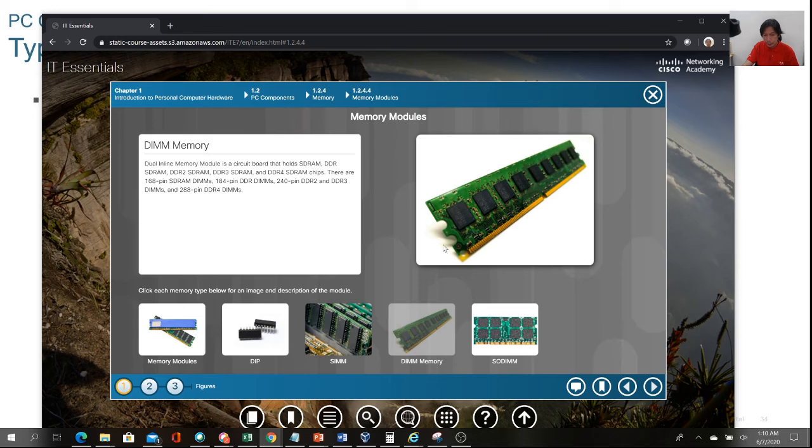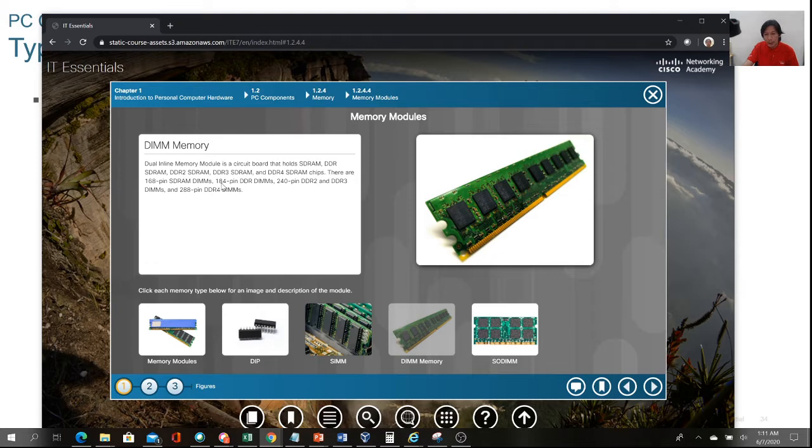Then we have the DIMM, or dual inline memory module. Mostly the types are SDRAM DDR, DDR2, DDR3, and DDR4, which come with different pins.